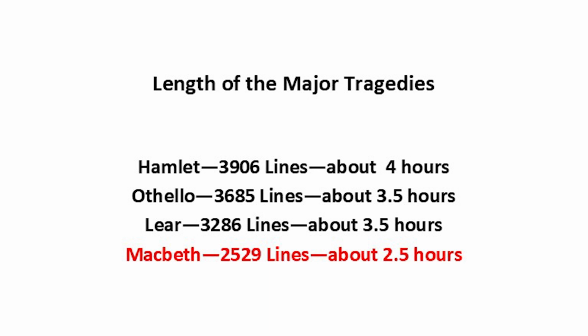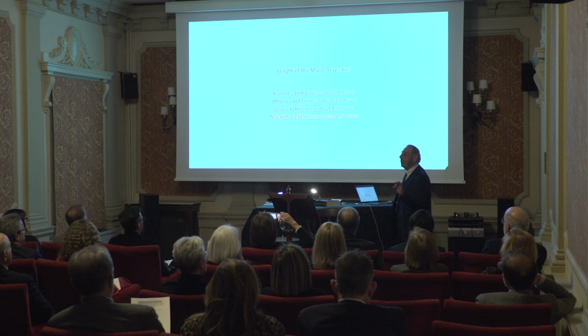Othello is 3,685 lines, runs about 3.5 hours. King Lear, 3,286 lines, about 3.5 hours. And Macbeth, almost 1,000 lines shorter. Its running time is 2 hours to 2.5 hours. So this is the shortest of Shakespeare's tragedies.